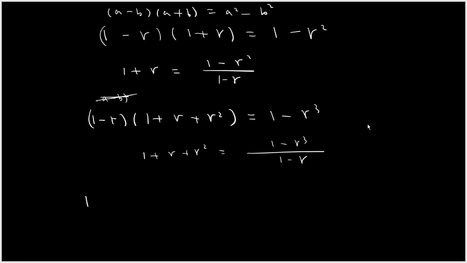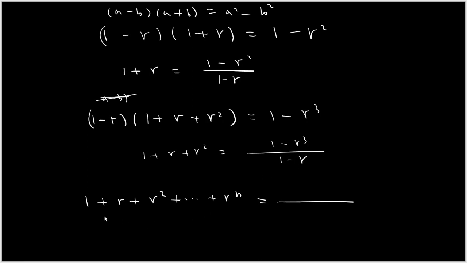Now let's say we add 1 plus r and then plus r squared, all the way up to r to the power of n. What would be the formula to compute that? If you have two terms, 1 plus r, on the numerator you have 1 minus r squared, on the denominator 1 minus r. If you have 1 plus r plus r squared, the formula is 1 minus r cubed on the numerator and 1 minus r on the denominator.